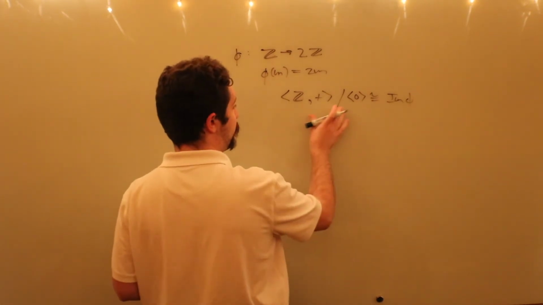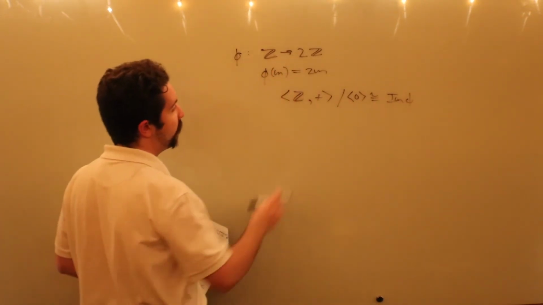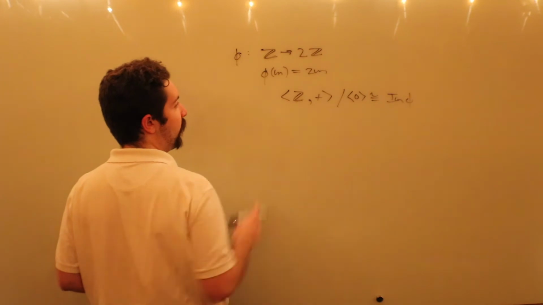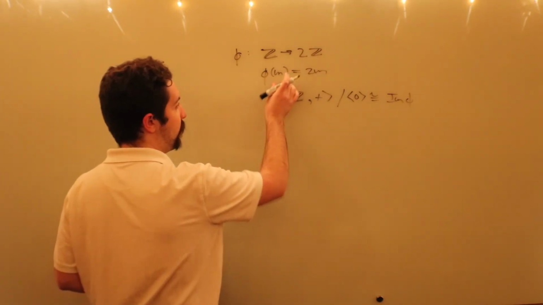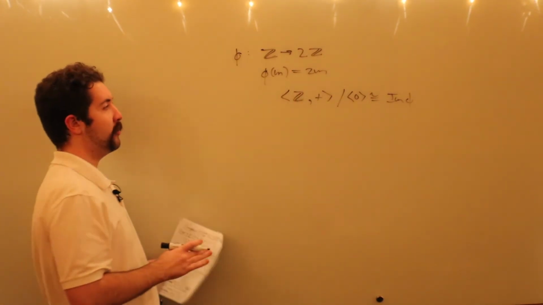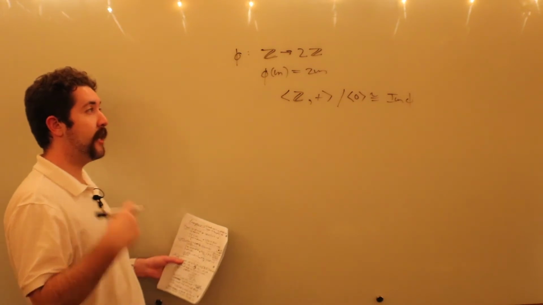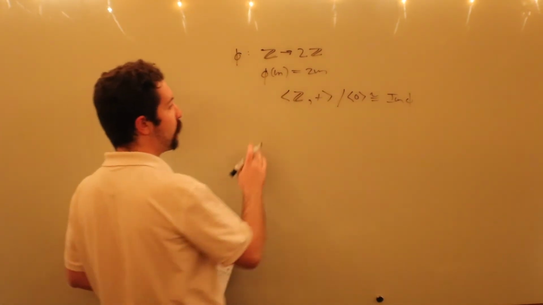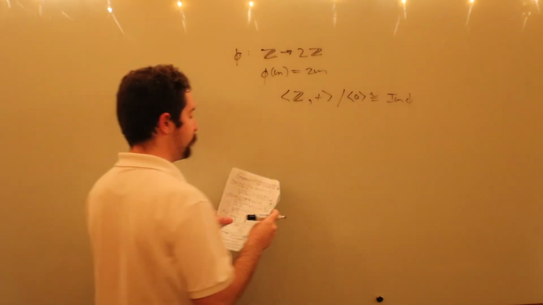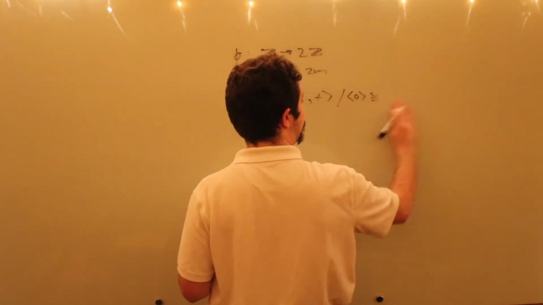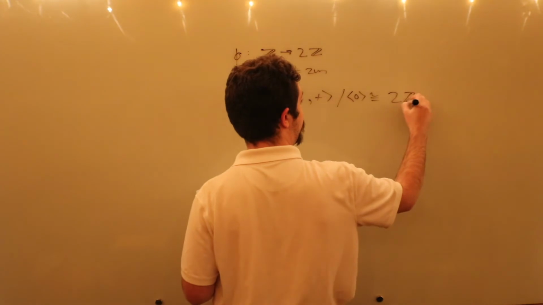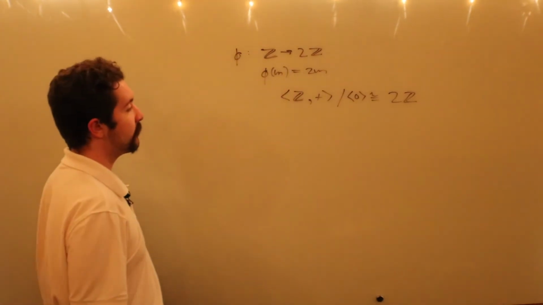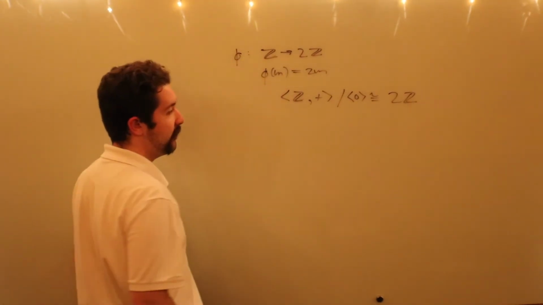And this is going to be isomorphic to the image. What is the image? Well, for every even integer, you can find some integer which multiplied by 2 is equal to that integer, with the exception of 0, but 0 just gets mapped to 0. In other words, this is an onto mapping, so that this is isomorphic to 2Z. So here we have the following statement.